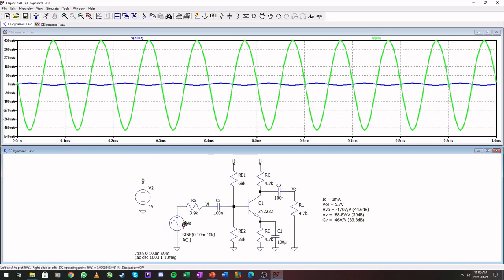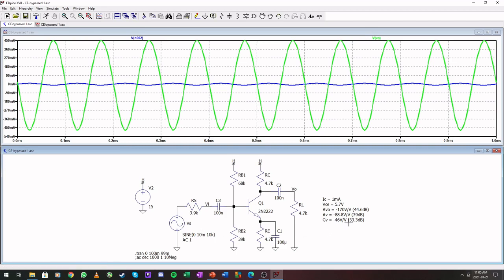Okay, so from Vs being 10 millivolts to V out, with this we have GV. So 10 milli times minus 46 should be 450 milli roughly. And here we can see that our output is roughly 450 millivolts peak from a 10 millivolt peak input.